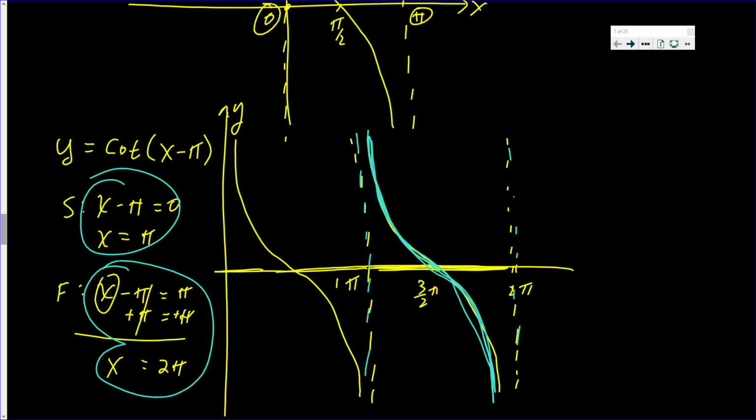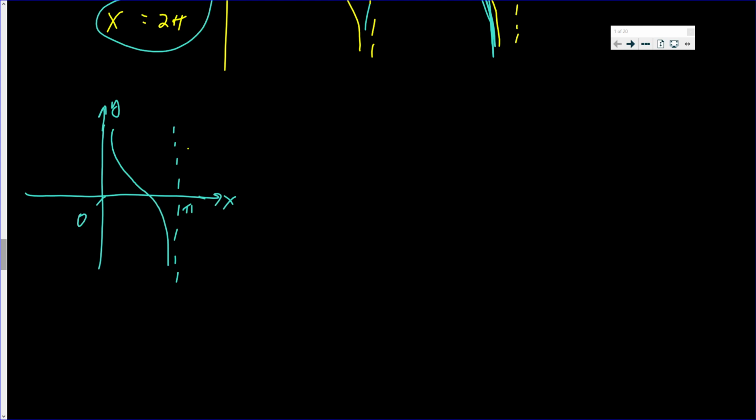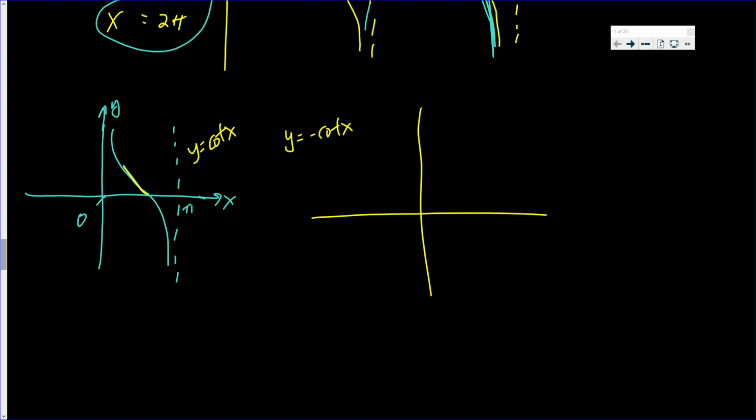You need to know what a cotangent graph looks like, and you know that it starts at 0 and it finishes at pi. Now, if this here is the cotangent graph, and it goes from 0 to pi, so this is y equals cotangent x, then y equals negative cotangent x. Well, these are all positive. If you put a negative in front of it, they're going to be negative.